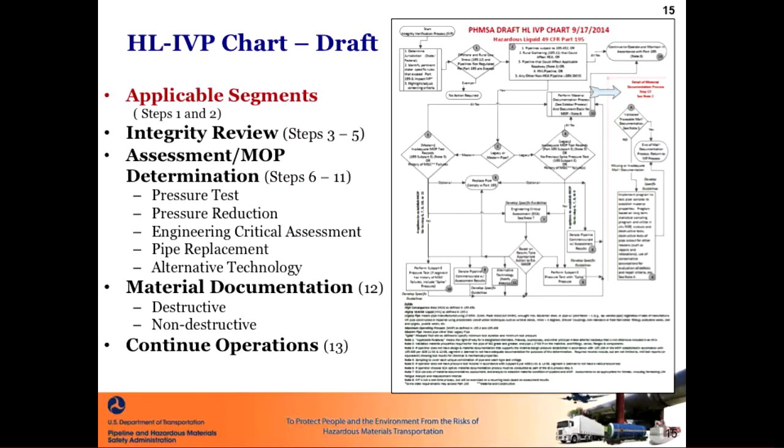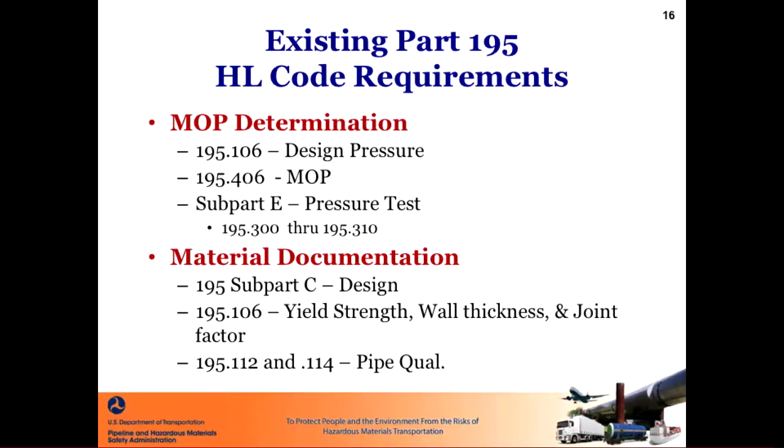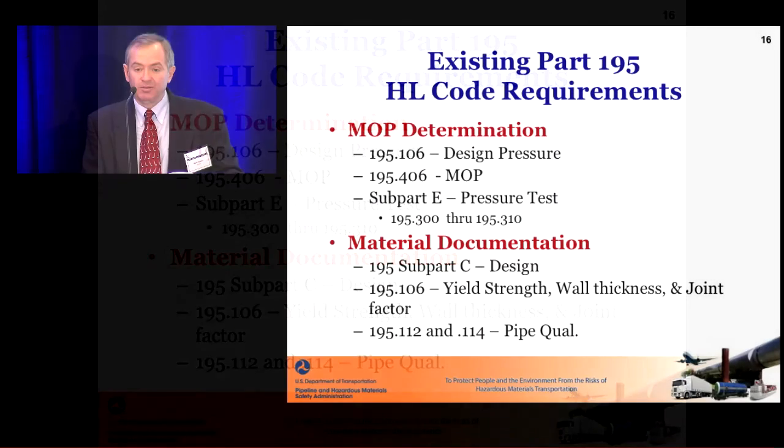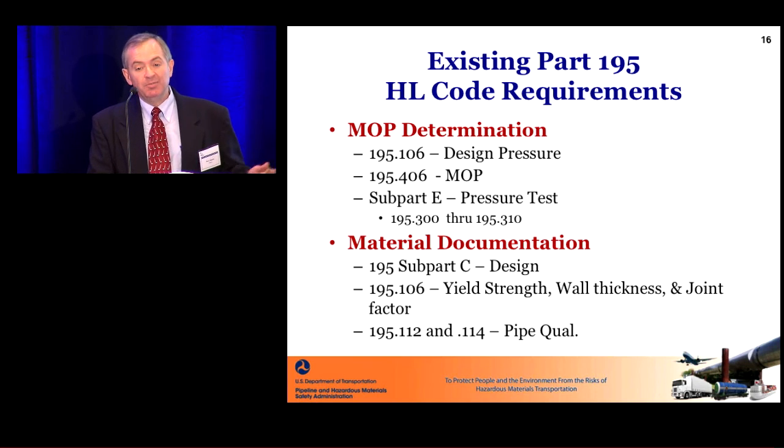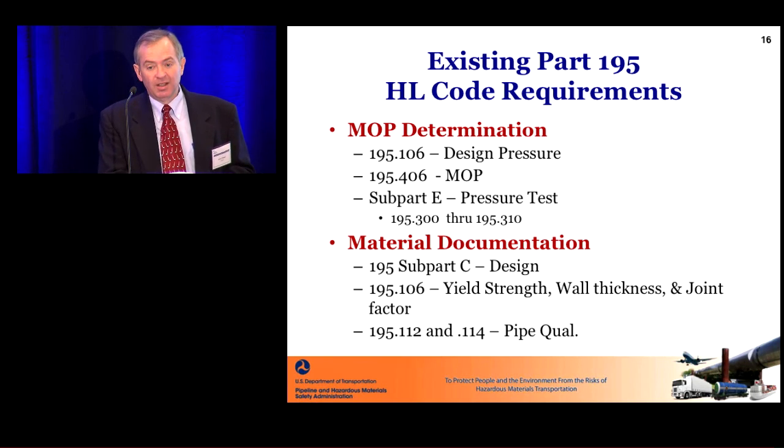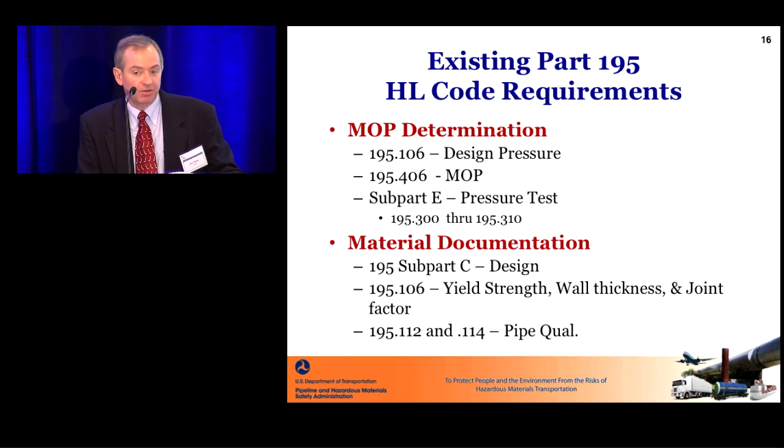As far as existing Part 195, I suggest everyone go back and just review what the current code says on MOP determination. If you haven't looked, it's very specific today what you need to do. So if you buy a pipeline and you don't have any records, I would suggest you go look at these code sections.